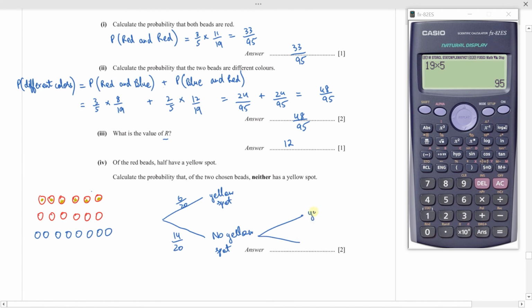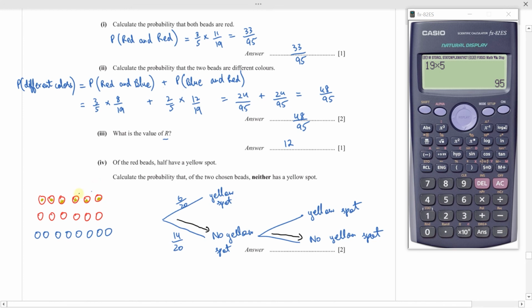So again, you can either have a bead with a yellow spot or no yellow spot. So you're concerned with this path here. So no yellow spot and then again no yellow spot. Both of the beads that you chose do not have a yellow spot. So what will be the probability here? So once you picked up a bead that did not have a yellow spot, I can cancel out one of these.